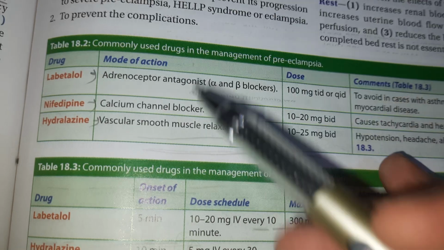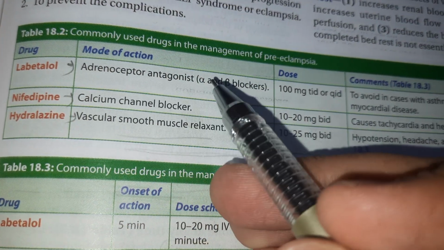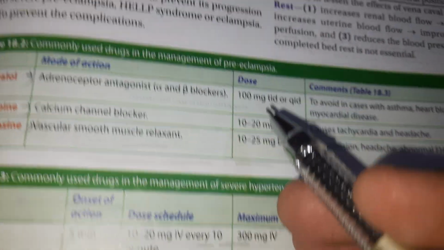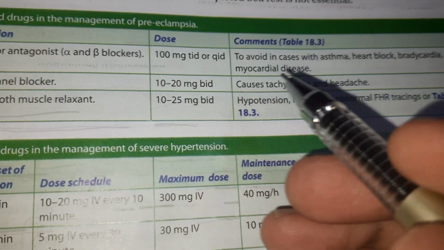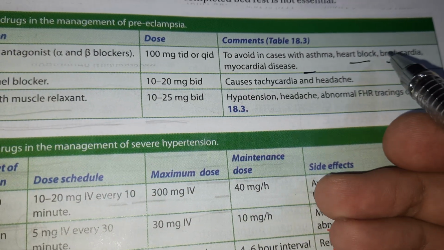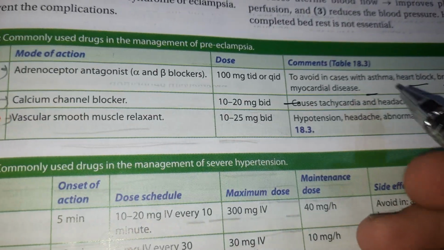These are the commonly used drugs in the management of preeclampsia. Labetalol is an adrenoreceptor antagonist, both alpha and beta blocker. The dose is 100 mg 3 or 4 times daily, and it is to be avoided in asthma, heart block, bradycardia, and myocardial disease. These are contraindications of the beta blocker.